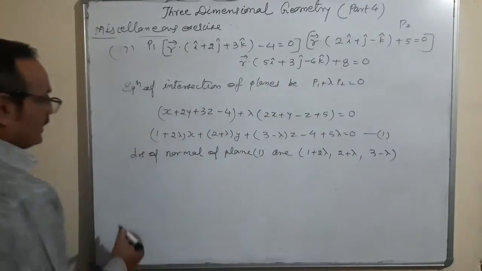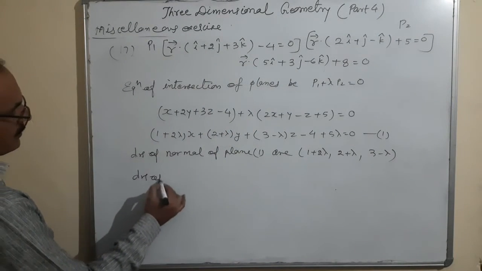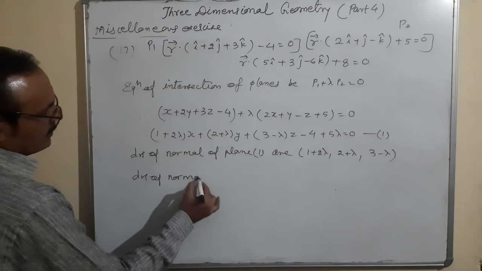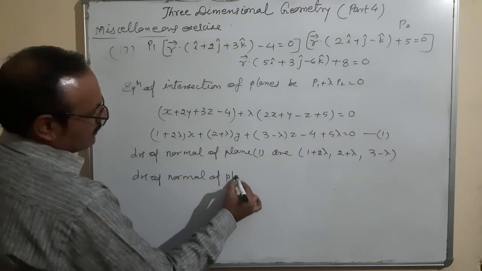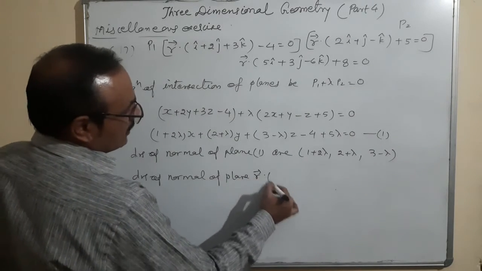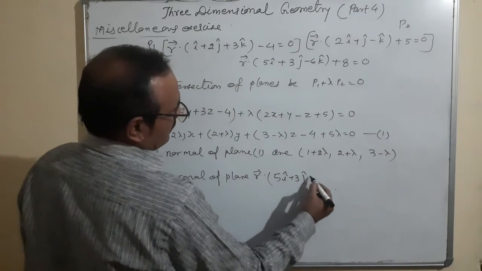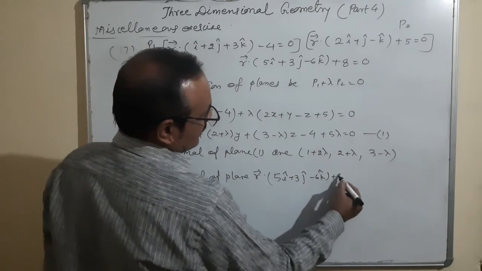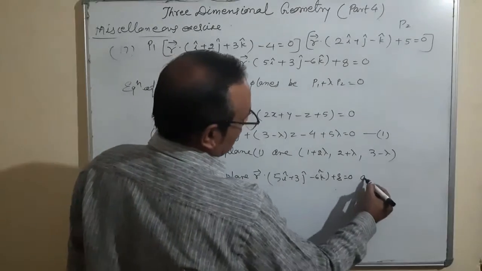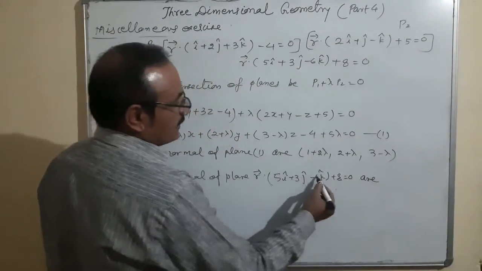Okay, and the direction ratios of the normal of plane r dot 5i plus 3j minus 6k plus 8 equal to 0 are 5, 3, minus 6.